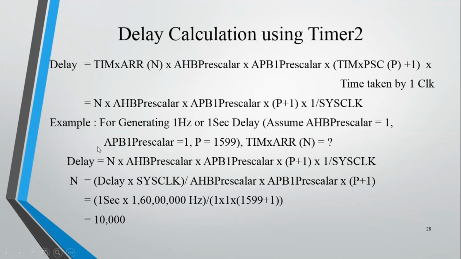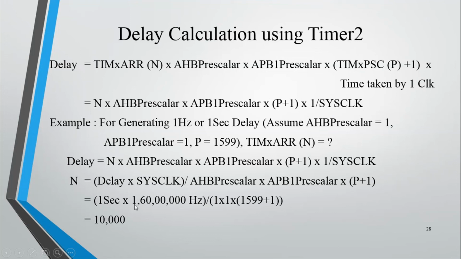N equal to total delay, that is 1 second, into what is the time taken for one clock? 1 by system clock, right? Time taken for one clock is 1 by system clock. So when you are rearranging, what will be N? N equal to delay, that is 1 second, into system clock.